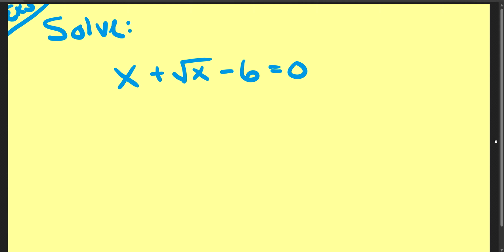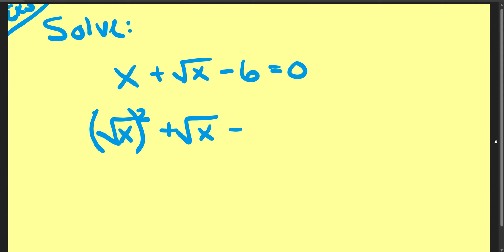All right, so for this one, however, I'm going to take this middle term, that's square root of x, and I'm going to square it, and that's all I've got to do. I'll put this in parentheses too to emphasize. Okay, and then I'm going to rewrite that to be plus the square root of x minus 6 equals 0. Now I don't want to deal with that square root of x.